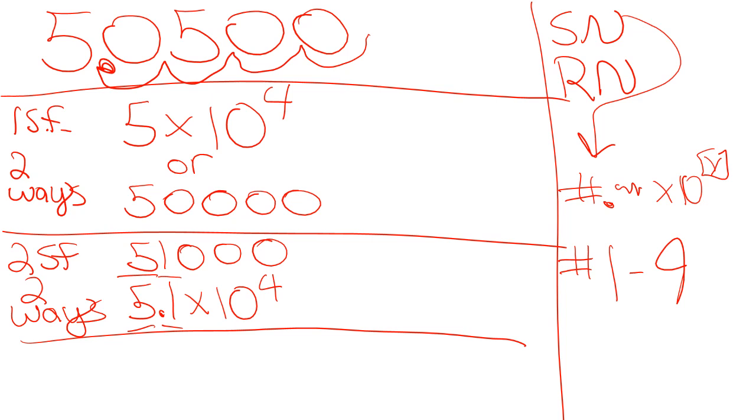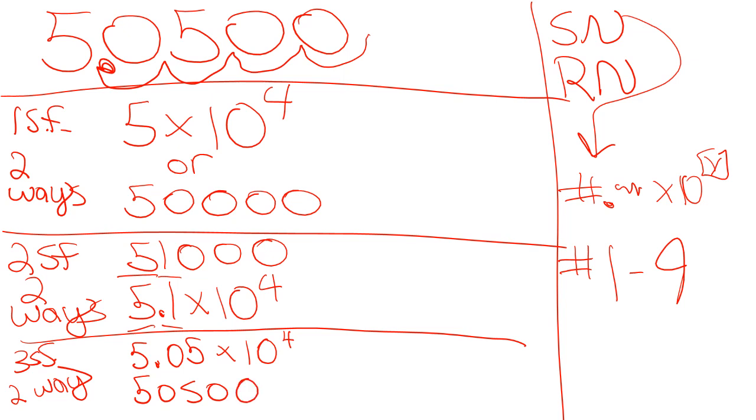Now, if we're asked for 3 sig figs, I can see 2 ways again. We could write 5.05 times 10 to the 4th, or 50500.